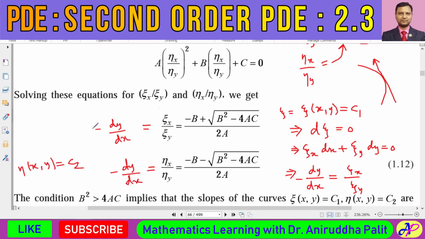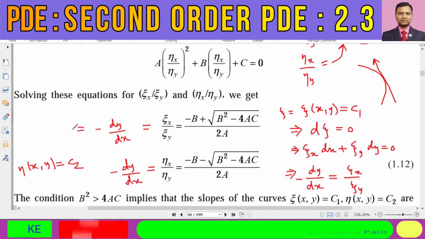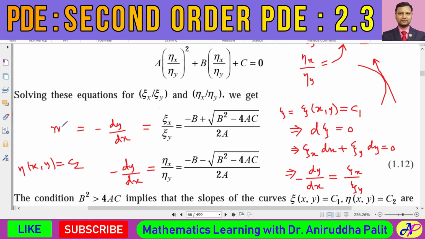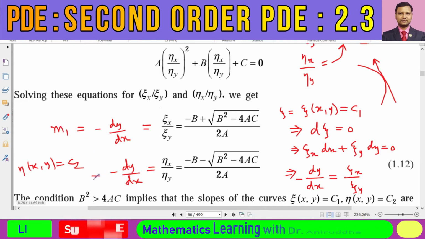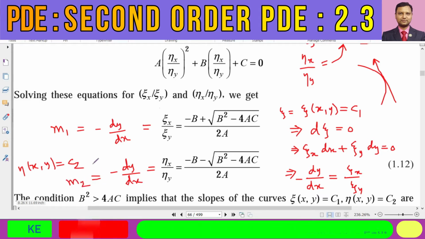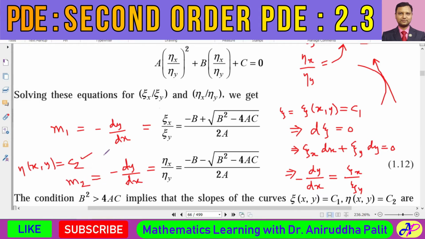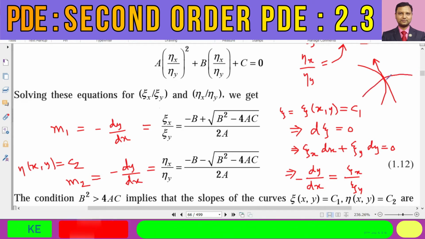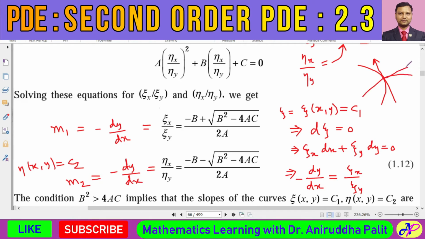So we can say that the first expression gives us the gradient of the tangent, maybe equal to m1, and the second expression gives us the gradient of the tangent of this kind of curve, eta of x comma y is equal to c2. So suppose this is the second curve, and this might be the direction of the tangent here.